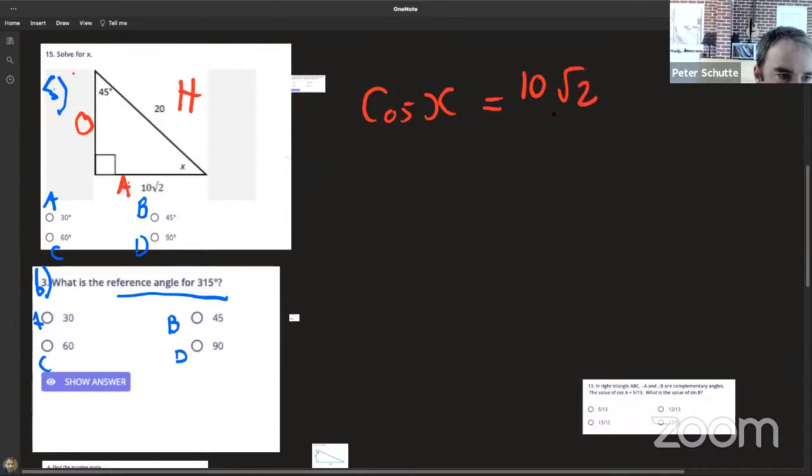I'm going to cheat and use my answer here. No, that's not the right one. Let's see if this is the right one. Okay, I'll just work it out with my calculator. And actually we can make this a bit easier. That would just be root 2 over 2 because 10 goes in there once.